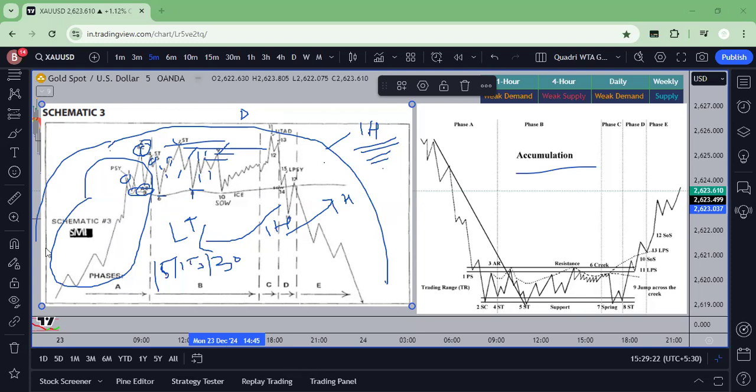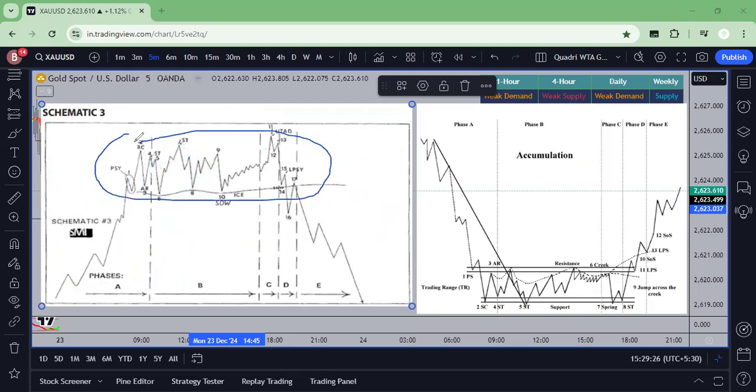you would be doing the analysis of this entire phase, and after you see a sign of strength, and a UTAD, and then a last point of supply, and price comes back and touches the snow or the ice and has started moving downwards. At this particular point you will go down to a lower time frame or up to a higher time frame, and you would initiate a trade.